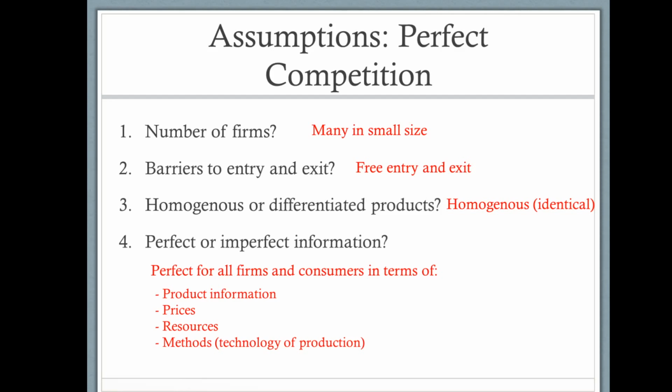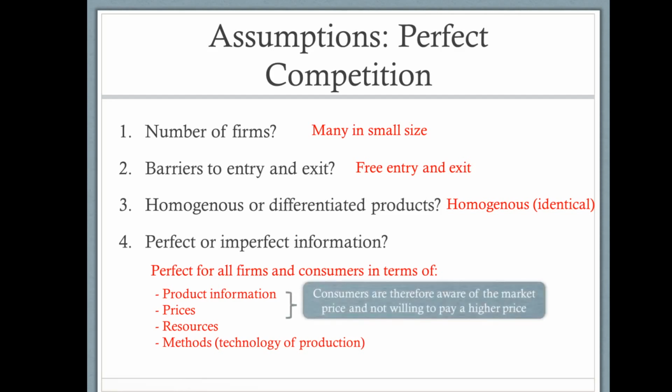If the consumers know all the information about the products and the prices, then they will not pay a higher price when they see some shops selling the products at higher prices, because they know where they can get the cheapest price for that product. We assume people know perfect information.